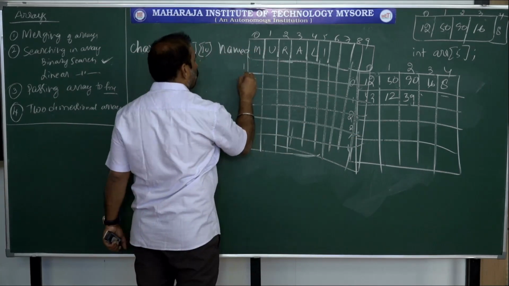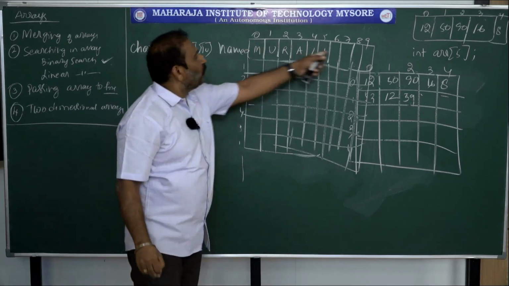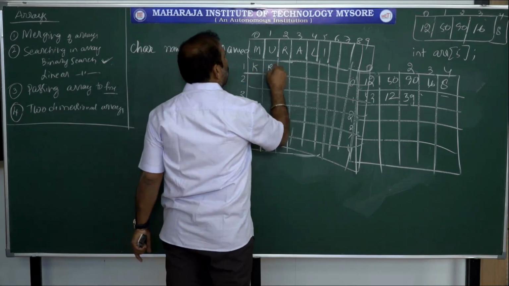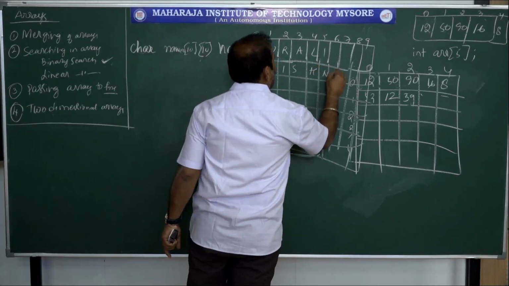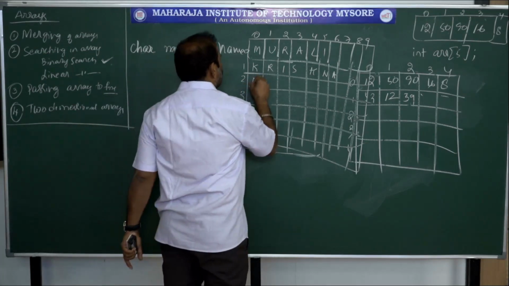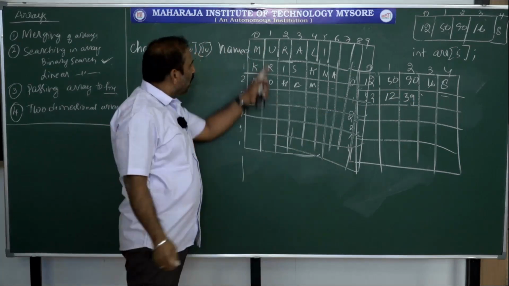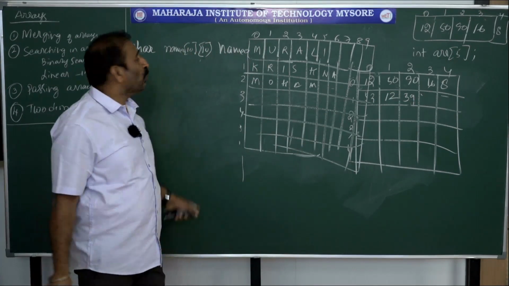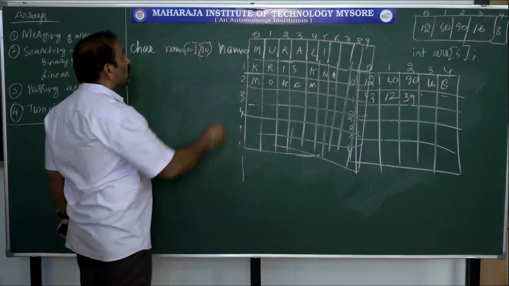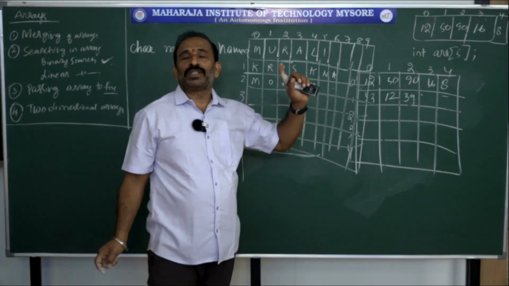This is 0, 1, 2, 3, 4, 5, 6 up to 9. In the first row I am storing my name Murali. The next name I am storing is Krishna. So next Mohan. Like this. I can store all the names. So therefore, whenever I declare character names 10 cross 10, like this, I can store names in this fashion.